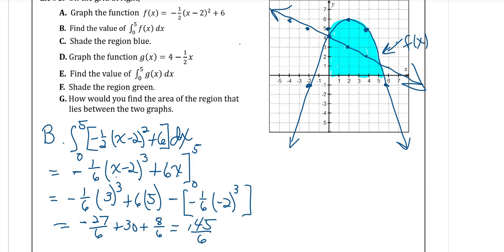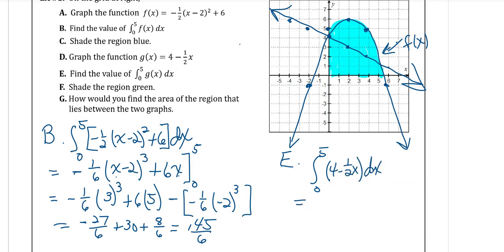And now it says find the integral from 0 to 5 of g of x dx. So I'll do that right here so we can still see the graph. So E is going to be the integral from 0 to 5 of 4 minus 1/2 x dx.